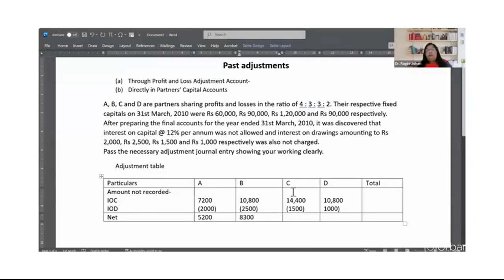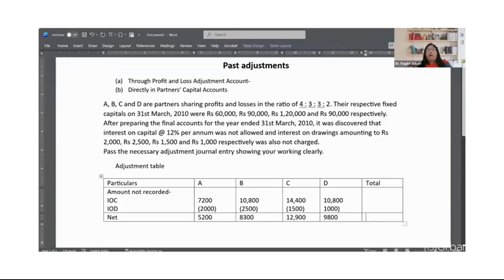Then 14,400 minus 1,500 becomes 12,900. And the last one, 10,800 minus 1,000 becomes 9,800. Now let's sum it up.